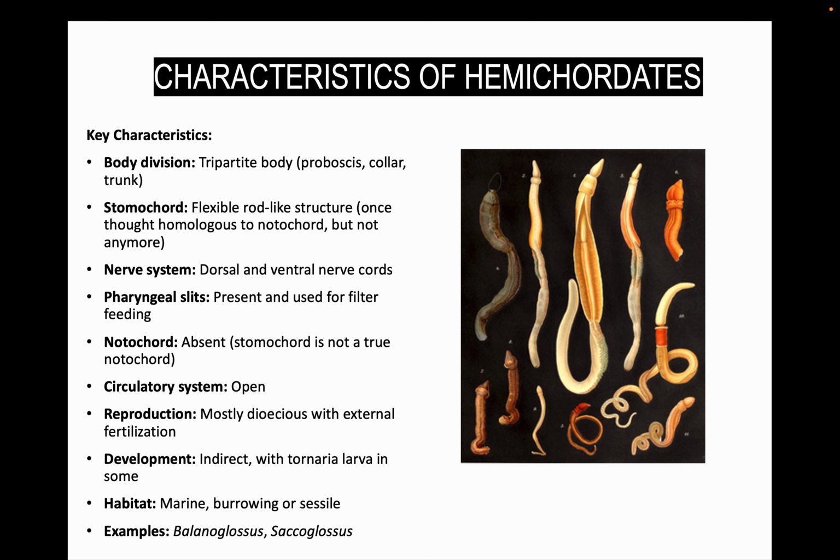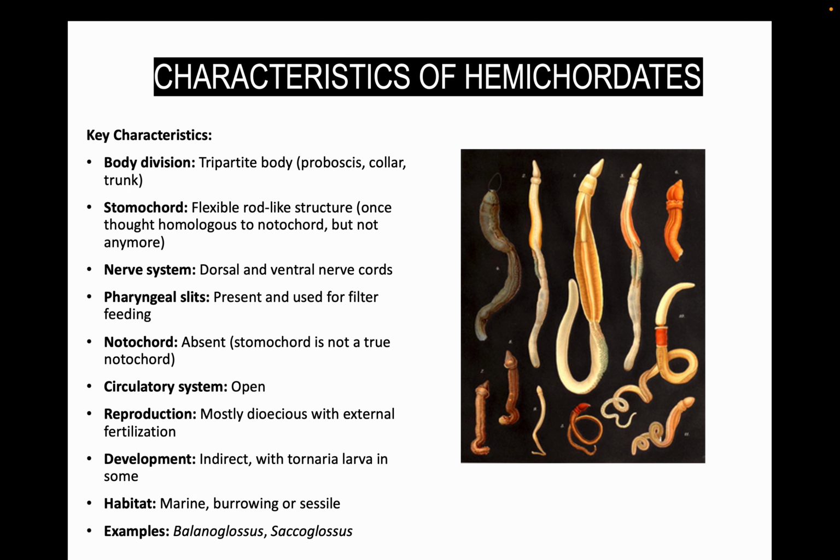Morphologically, you can appreciate that they have a tripartite body plan. The body is divided into a proboscis, a collar, morphologically looking like the clitellum of the annelida, and the trunk. There is no notochord, but a stomochord is present. The stomochord was once thought to be homologous to the notochord, but is essentially a very different structure.